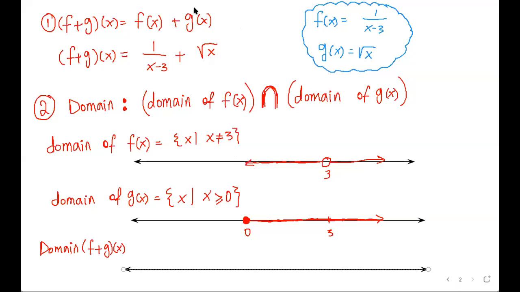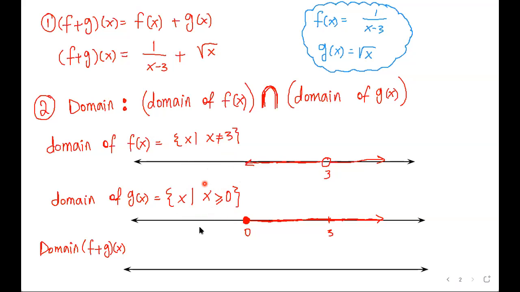So look, the intersect is from 0 because 0 intersects between both lines. 1 is intersect, 2 is intersect, the 3 is not intersect. Any negative numbers are not intersect, because here we don't have negative numbers in the domain.